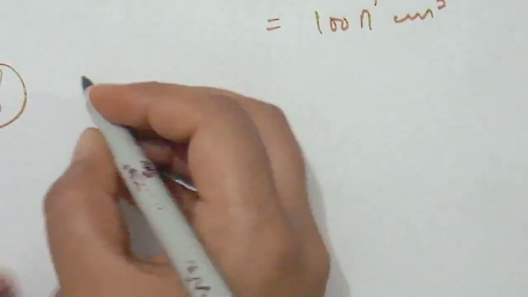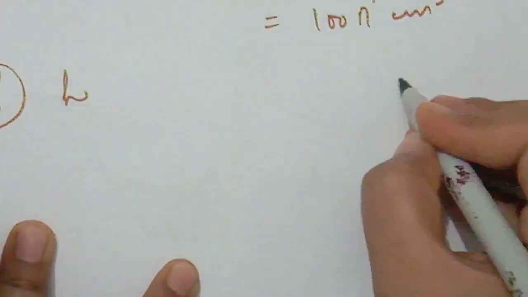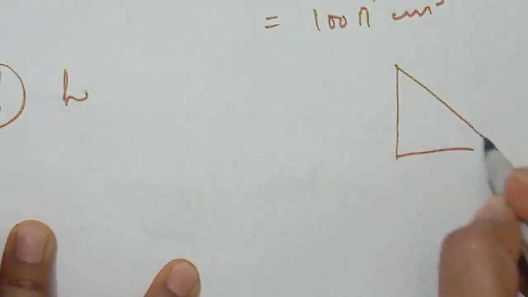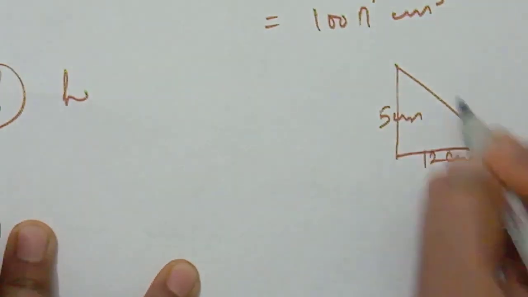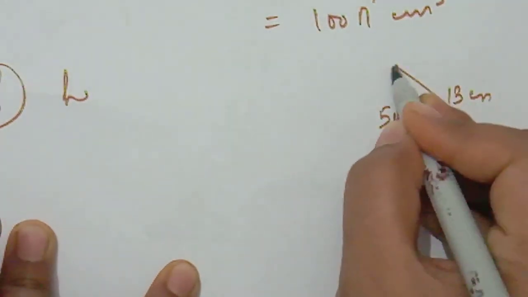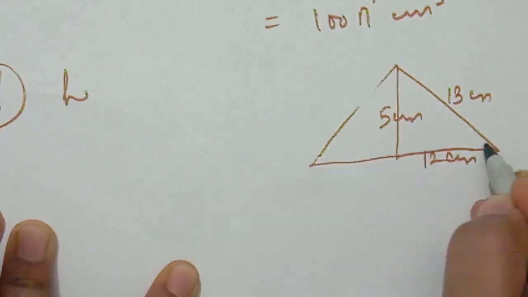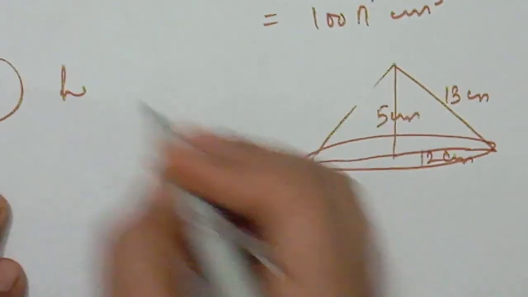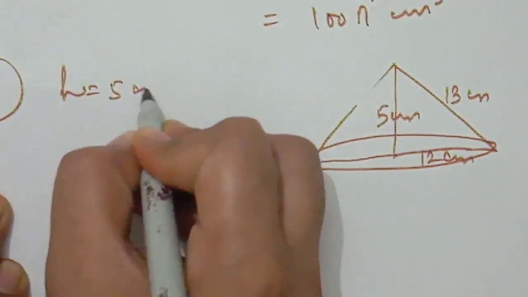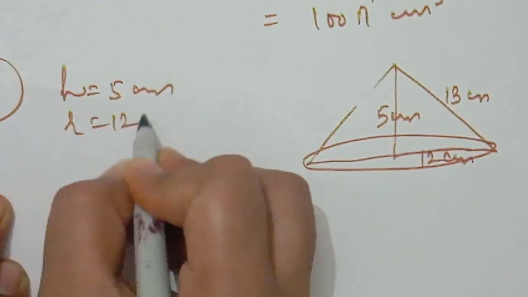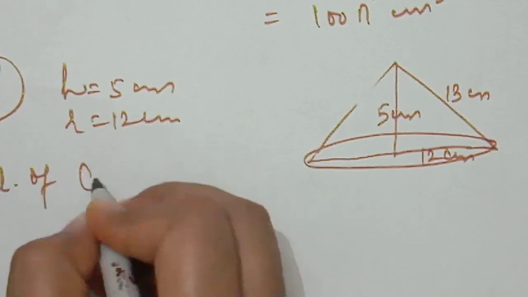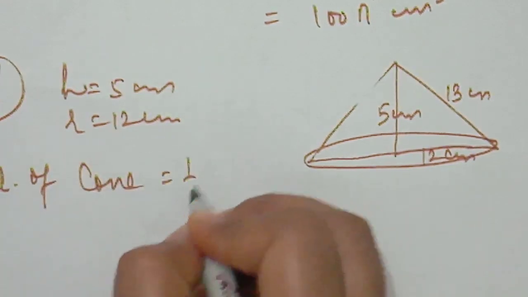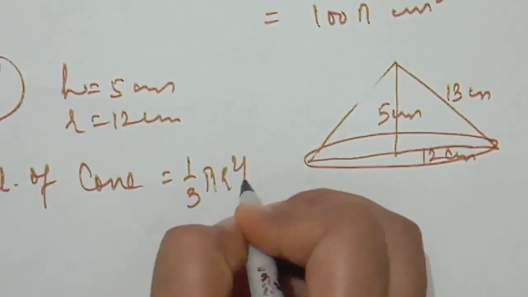So students, according to this question the height is 5 centimeter and the radius is 12 centimeter, and the cone is like this only. Now the volume of cone is 1/3 pi r square h.